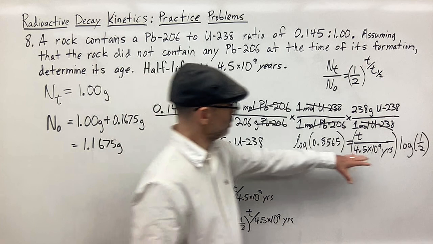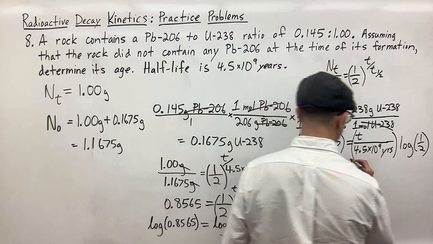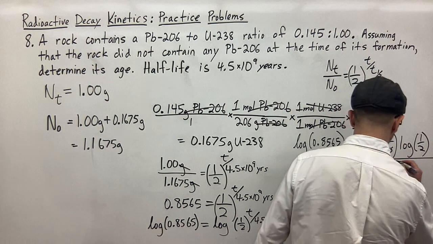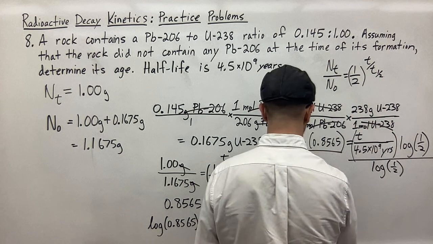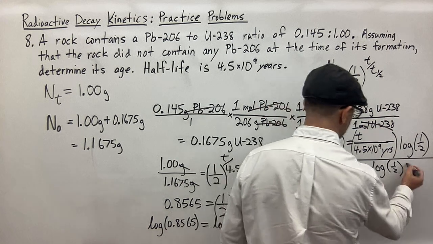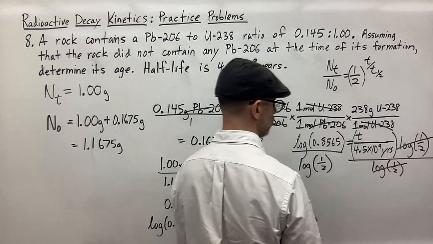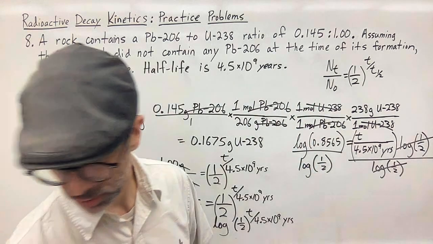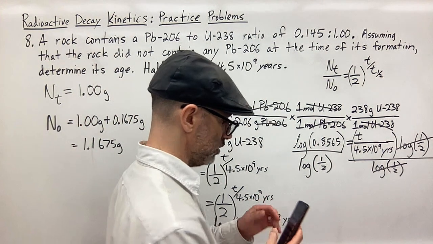Now I can divide both sides by the log of 1/2, and the log of 1/2 over here cancels out. Now I can find that. Let's calculate that value.